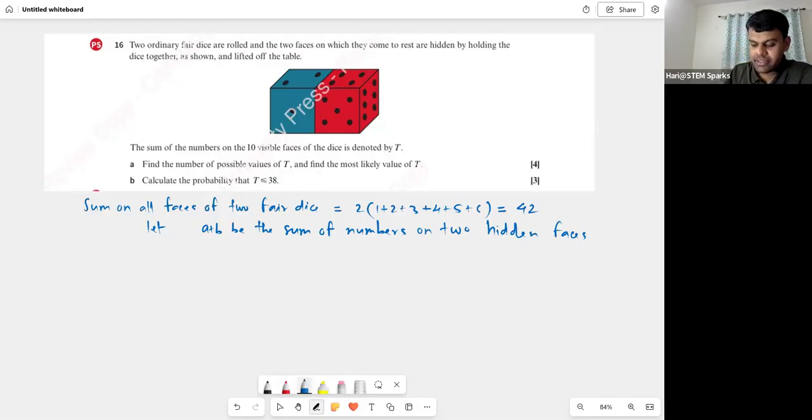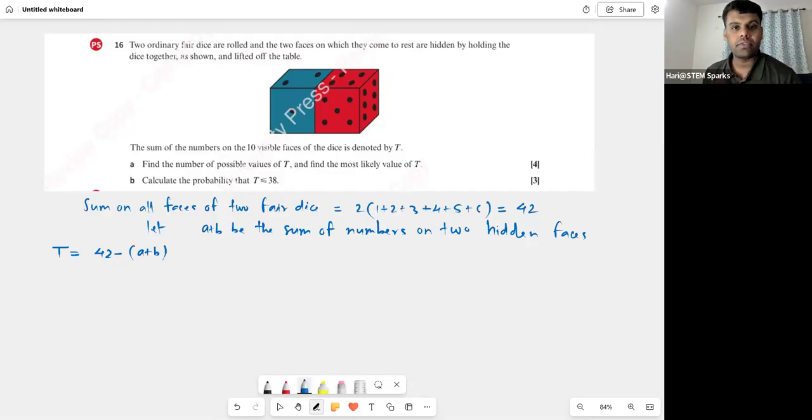If a plus b is the sum of the numbers on the two hidden faces and capital T denotes the sum of only the 10 visible faces, we should subtract the sum of these two hidden faces from the total. So the total sum is 42, and out of 42 we need to subtract the sum on the two hidden faces, which is nothing but 42 minus (a plus b).